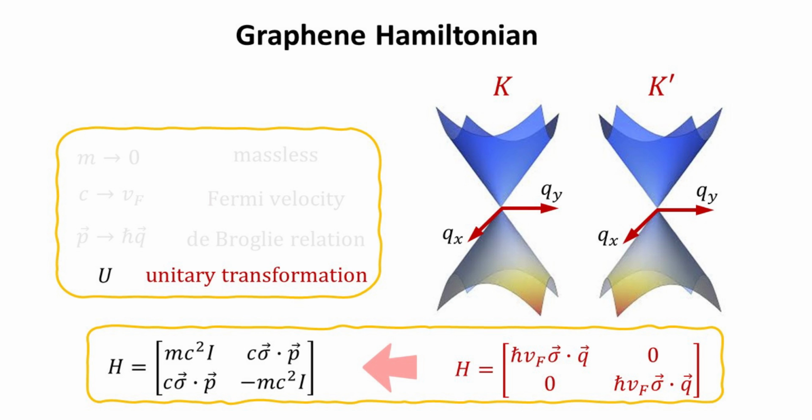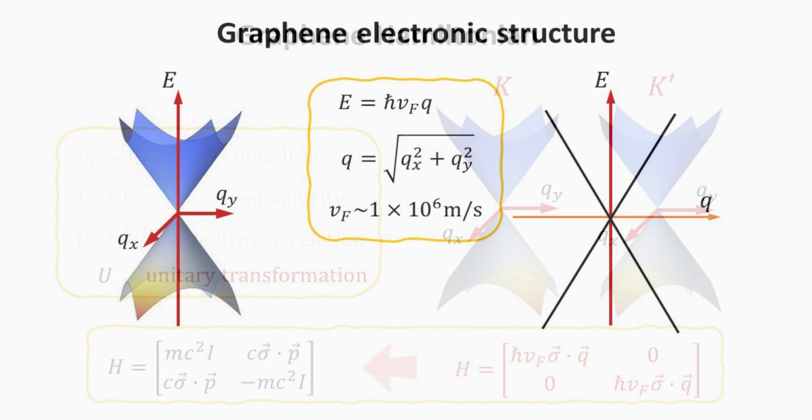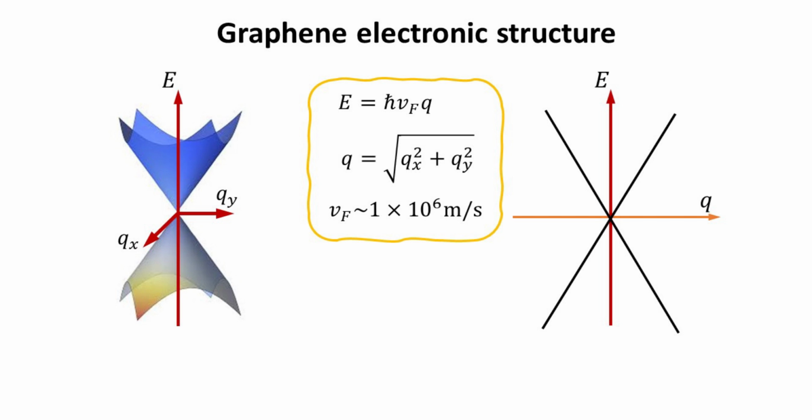Lastly, one must perform a unitary transformation to transform the sigma dot momentum block from off-diagonal to diagonal. To sum it up, electrons in graphene mimic massless relativistic particles whose dynamics can be described by the relativistic Dirac equation. In what follows, we shall represent the electronic structure of graphene with respect to the magnitude of q.